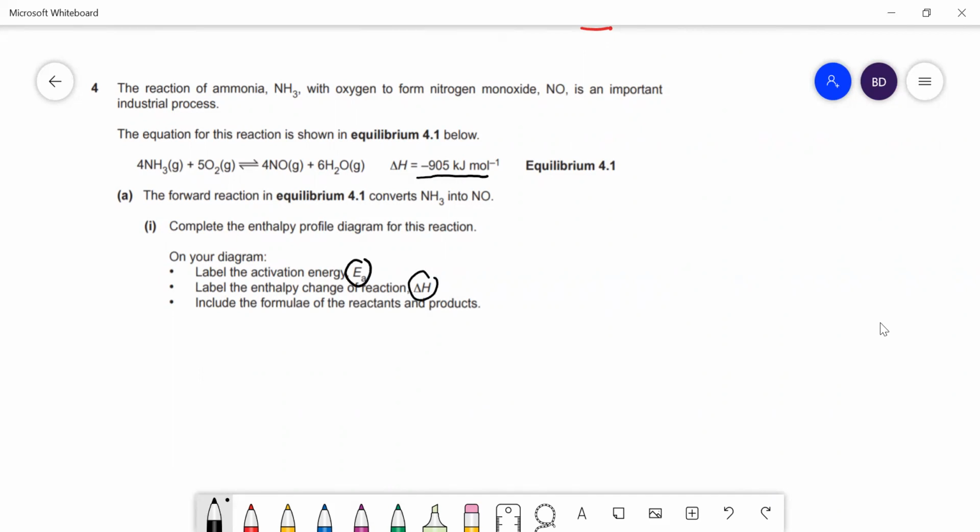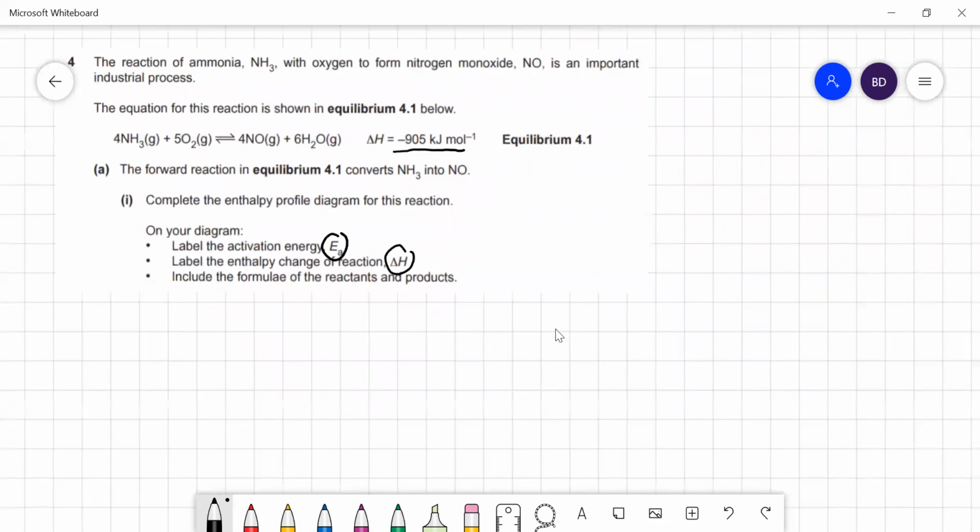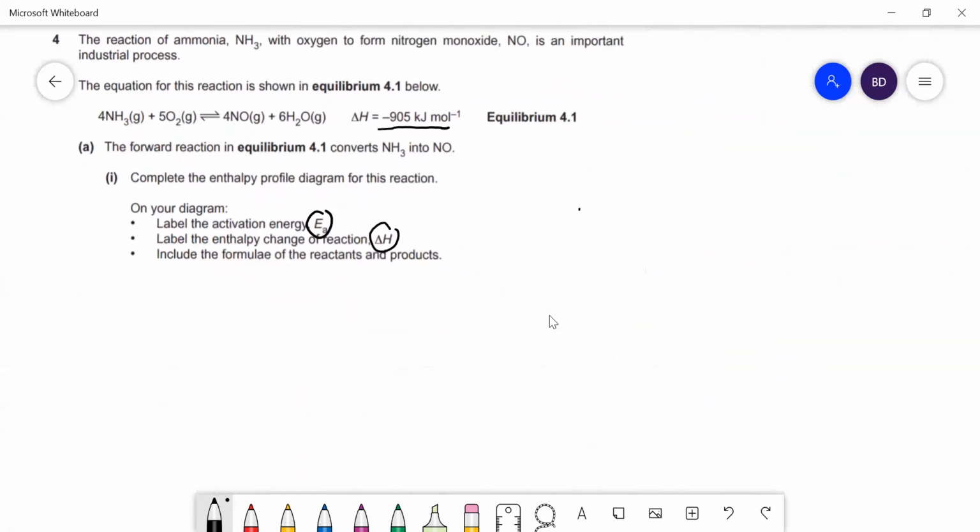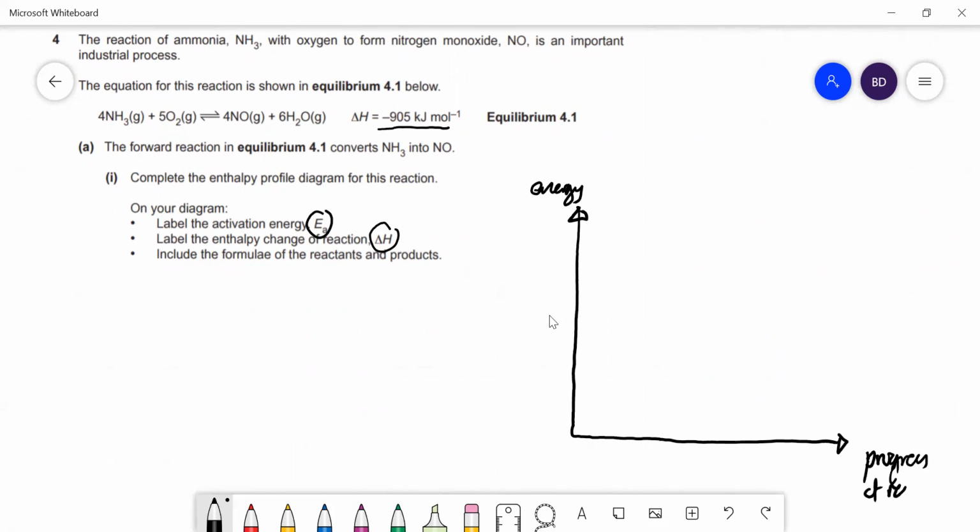Okay, so what we're going to do is we want energy on this axis, and this is the progress of the reaction, time, something like that, on that scale. Now this is an exothermic reaction, so that means there is more chemical energy in the reactants than in the products.